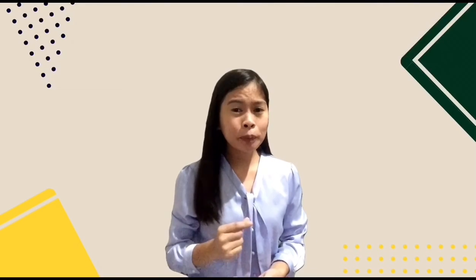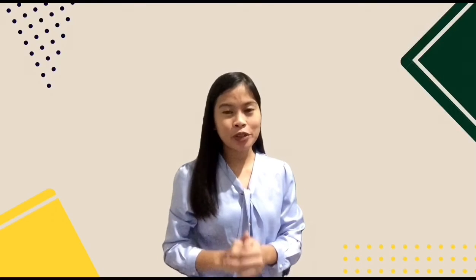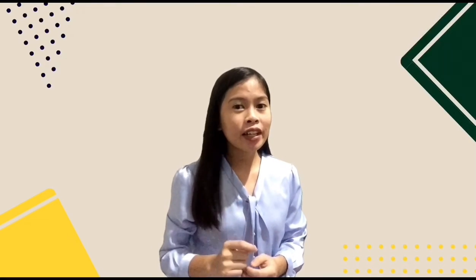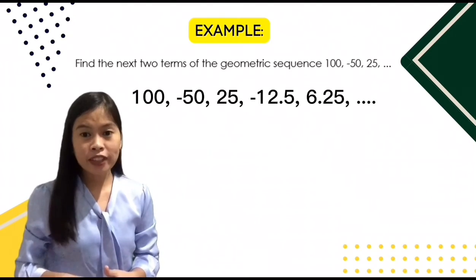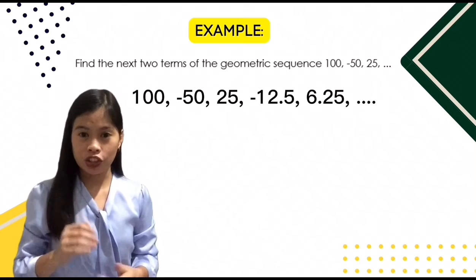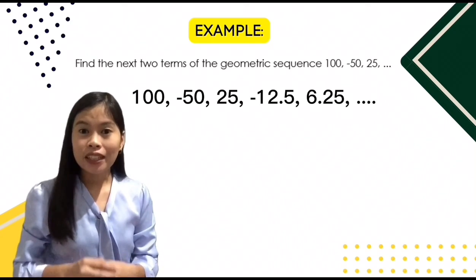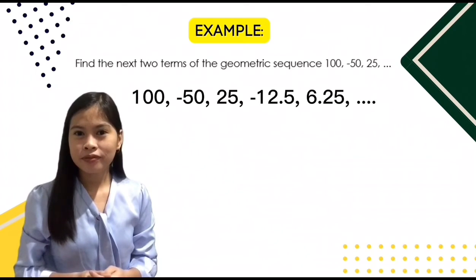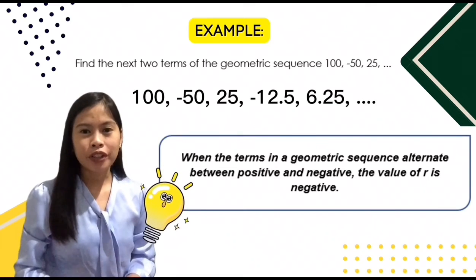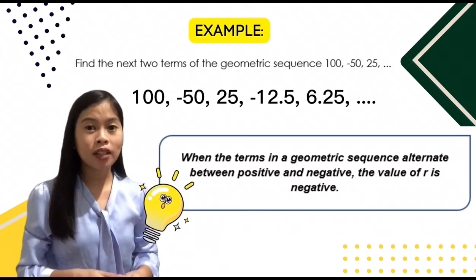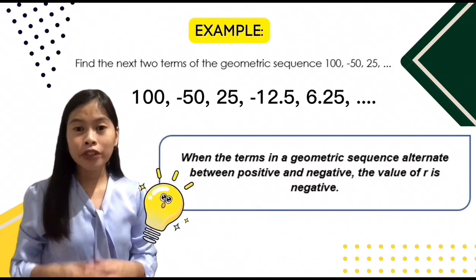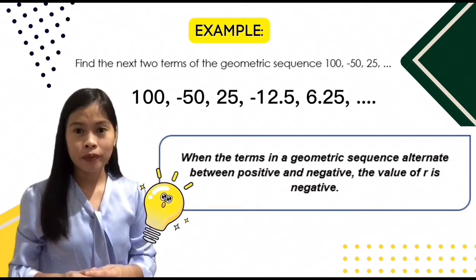Is it clear? I hope it is. But before proceeding to another example of geometric sequence, let's take a look at our previous examples. What can you observe in this geometric sequence, specifically from the sign of each term? It is alternating, right? With that, remember that when the terms in a geometric sequence alternate between positive and negative, the common ratio is negative.